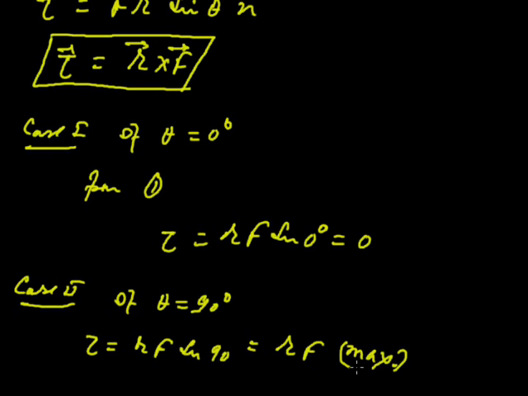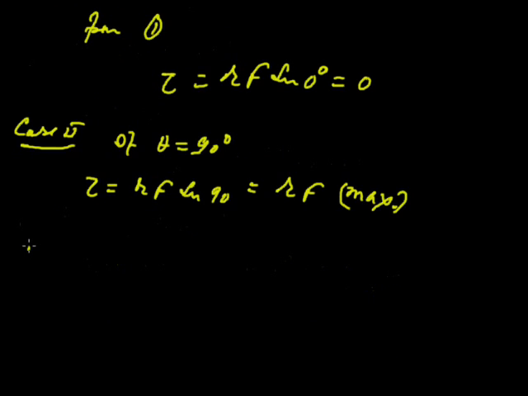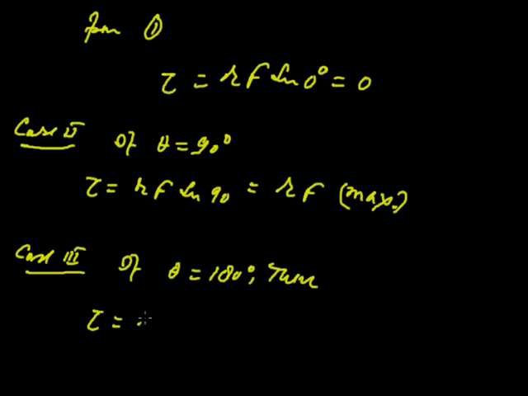And in the third case, if theta is 180 degrees, then tau will be r F sin 180, and sin 180 is sin (90 + 90) = cos 90, that's 0.